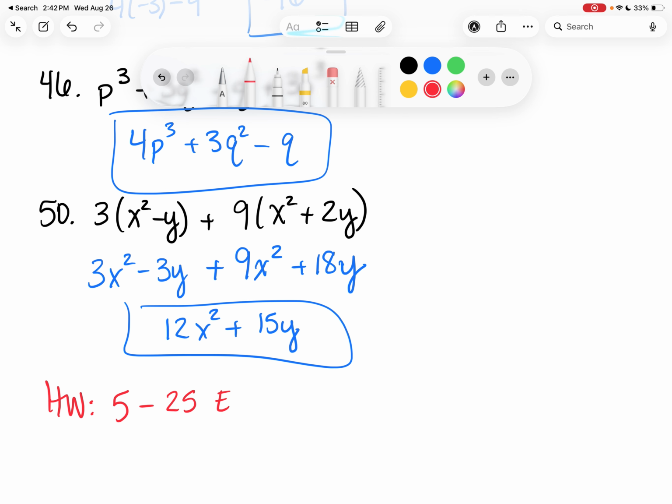So that's 5, skip 7, 9, skip 11, 13, and so on and so forth. And then, actually, let's make that 29, and then add on 37 and 49.